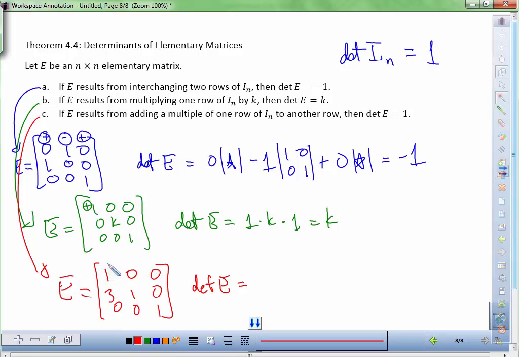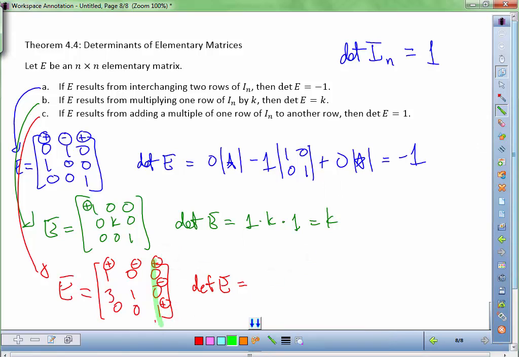If I start from the corner here, I have a plus, a minus, a plus, a minus, a plus. So in my 3 by 3, the third row and third column element will have a sign that's positive. If I'm going to expand over the third row, I need to know the signs for each of these terms.